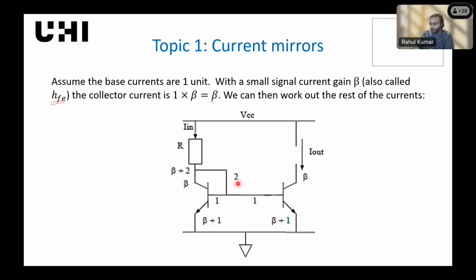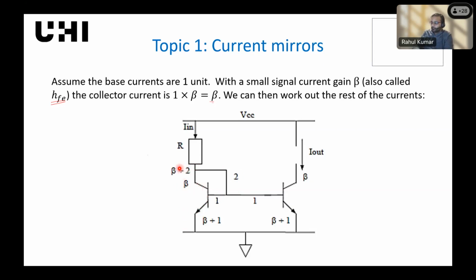Okay, so 1 milliamp is going into the base of each of the two transistors. So we need 2 milliamp coming in from here, right? Then only it will get divided 1 and 1. Now at the collector terminal, the current should be beta, so your gain for the transistor is beta.